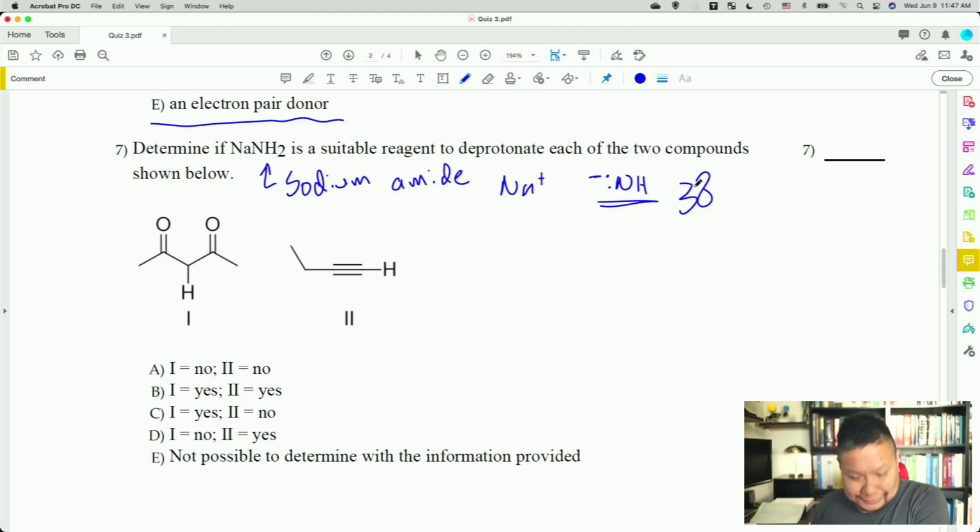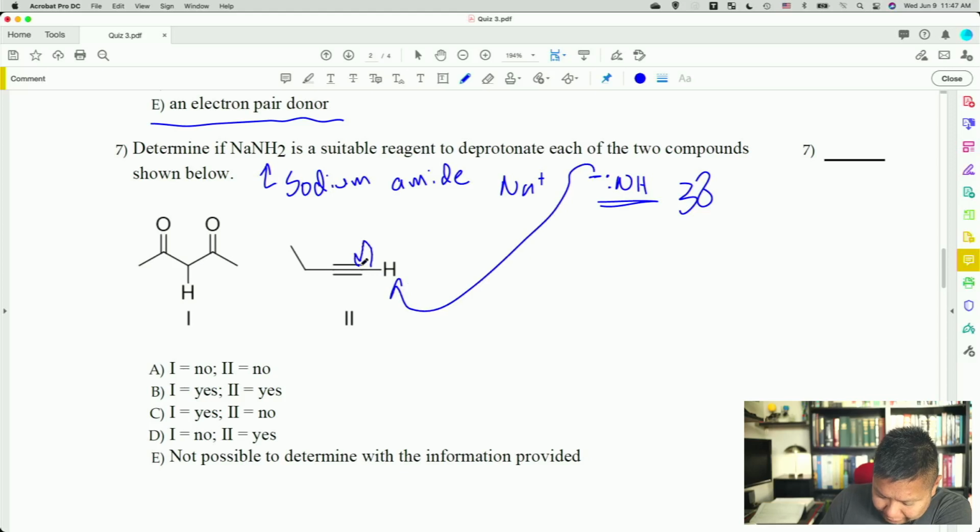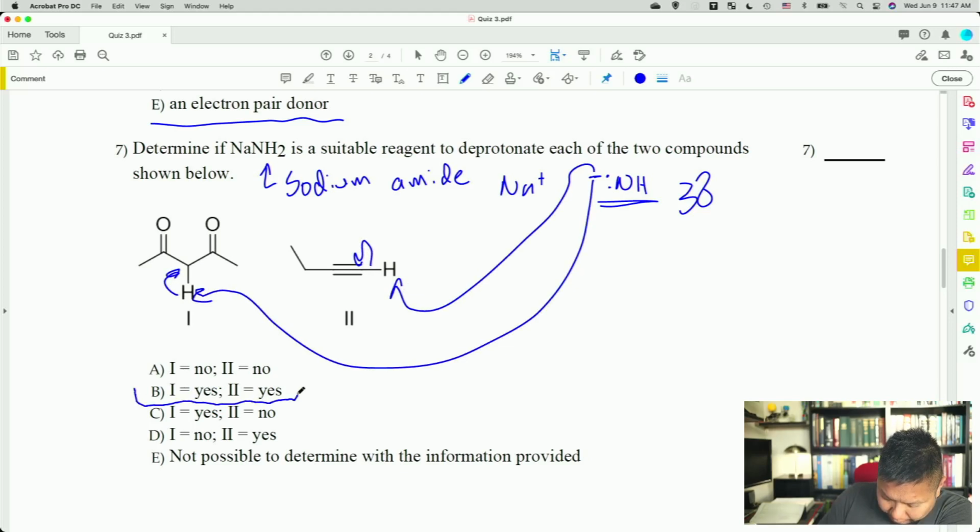It can come over and pull off this proton, or it could pull off this proton, which means yes, it is definitely able to pull off both protons because it's a super strong base. According to your chart, the only stronger bases are an alkene and an alkane. So it's pretty strong. Let's keep on trucking.